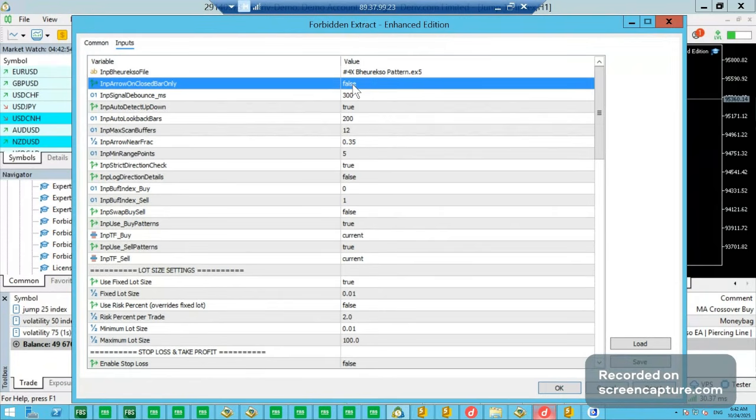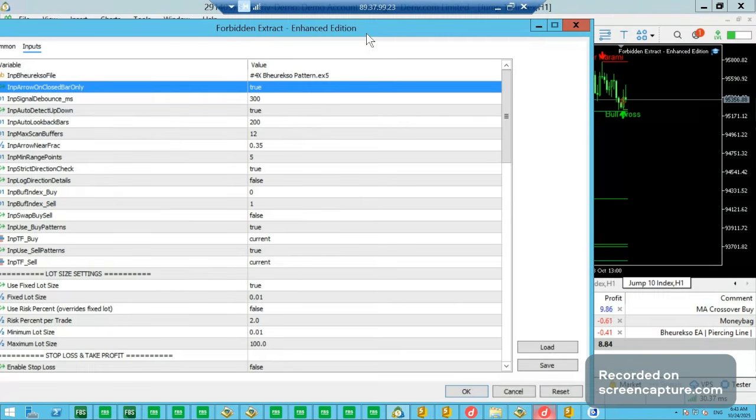But if you set this to true, once your arrow pops up on any bar, whether up or down, EA will wait for that particular bar to close, just like this one. Look at this. If you set this to false, just like the way I set it now, immediately this arrow pops up, EA will execute the trade immediately.